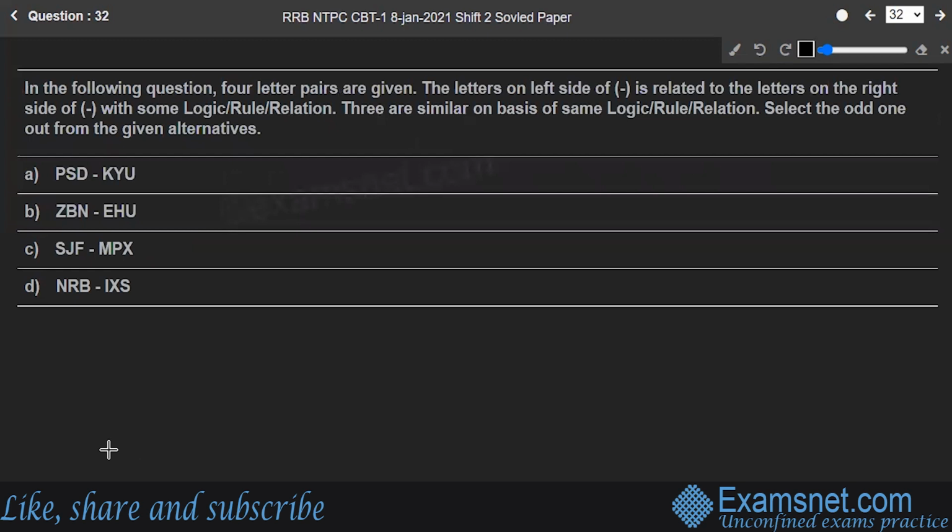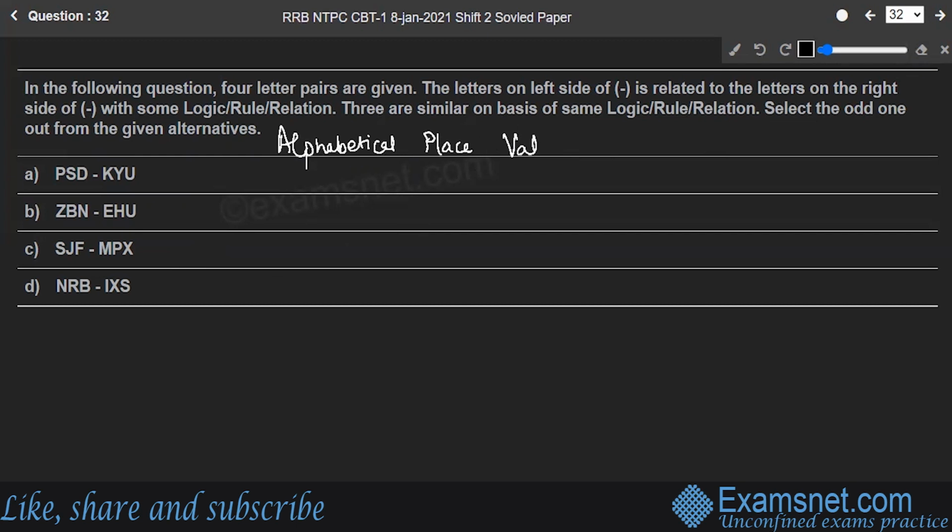In the following question, 4 letter pairs are given. The letters on the left of the hyphen are related to the letters on the right side with some logic, rule, or relation. 3 are similar on the basis of same logic, rule, or relation. You have to select the odd one out from the given alternatives. To answer this question, we have to use the alphabetical place value table. I hope you already are aware of it.